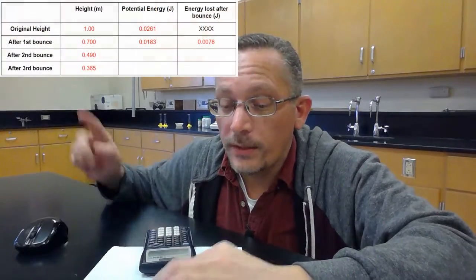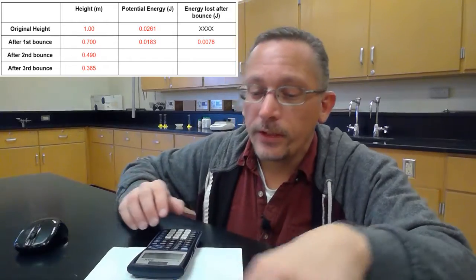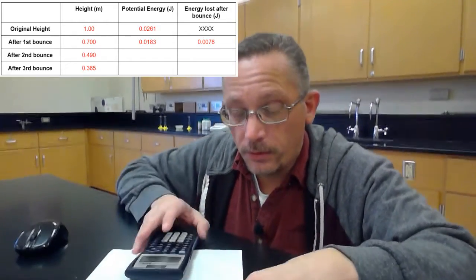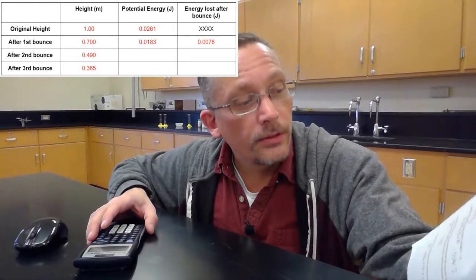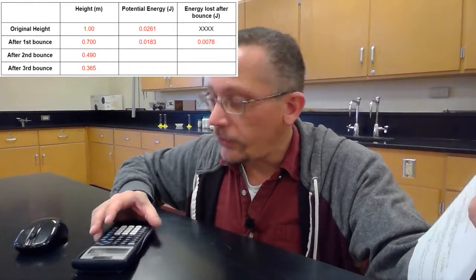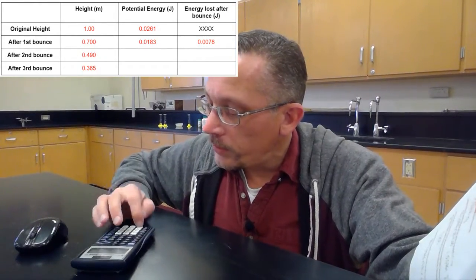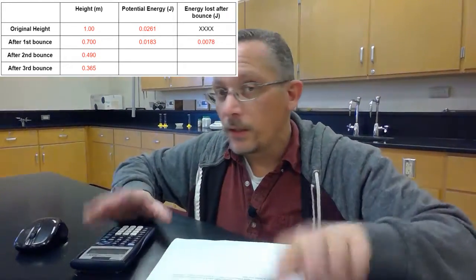All right, so after the second bounce, it bounced up to 49 centimeters, 0.490 meters. Let's calculate the potential energy. The mass of the ball doesn't change, right? It's still 0.00266 kilograms. G doesn't change.